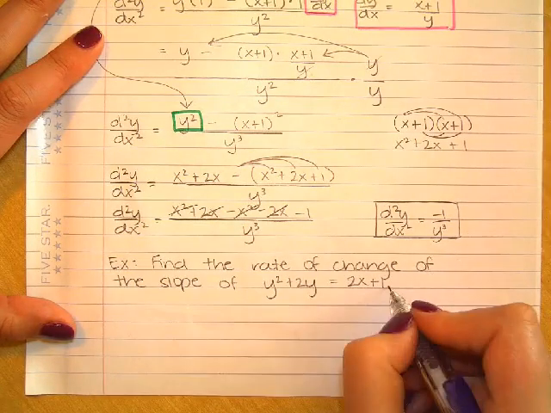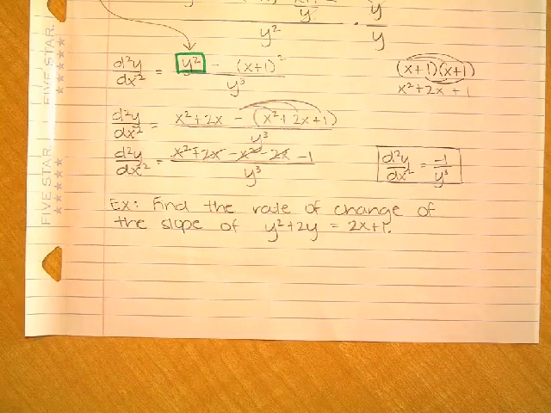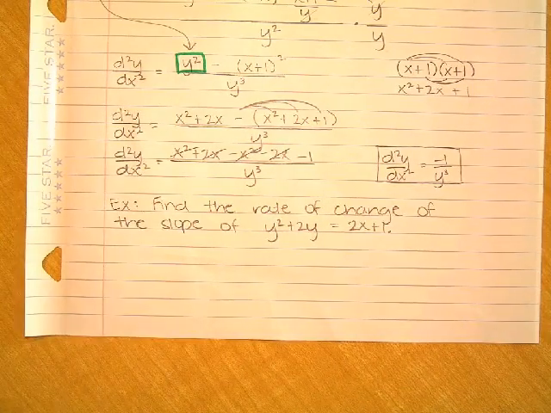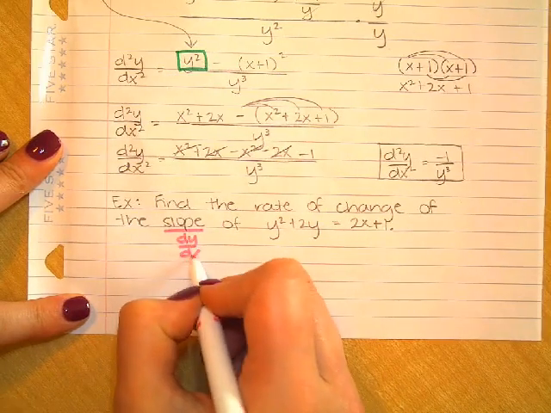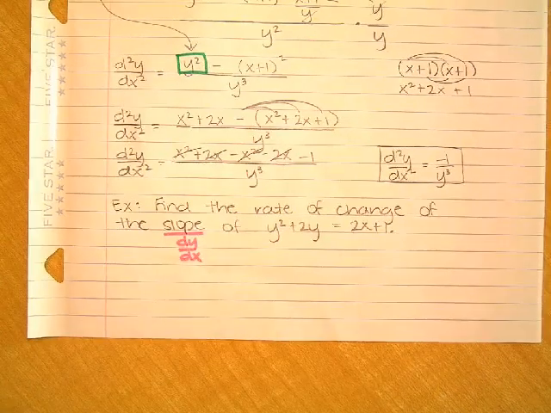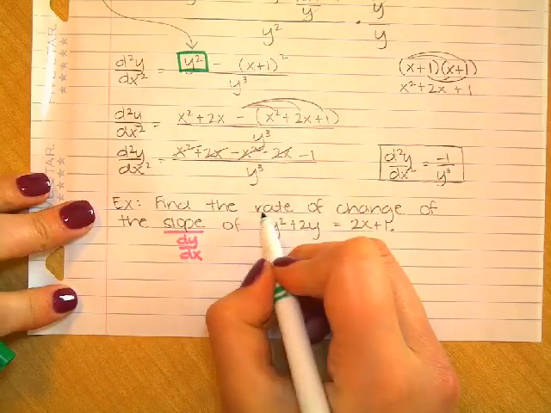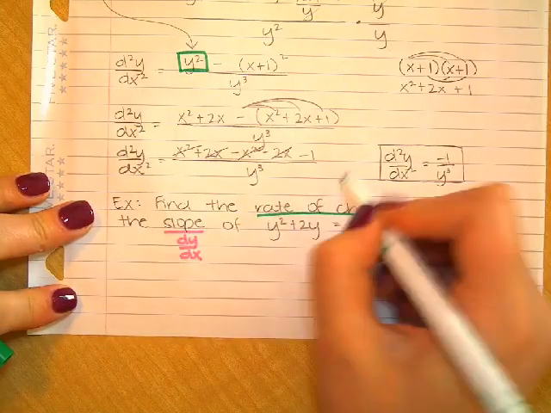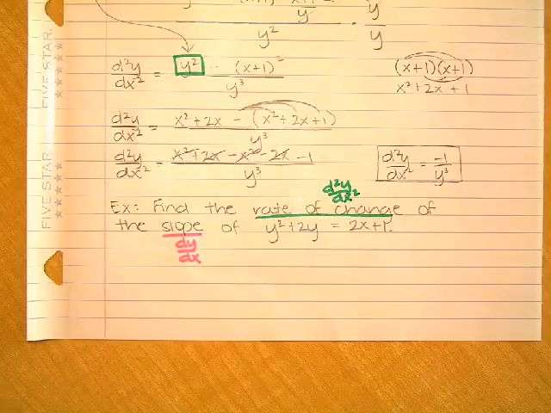And so if we're finding the rate of change of the slope, when it says the slope, they're talking about dy dx. When they're talking about the rate of change of that slope, they're talking about d2y dx squared. So they're talking about the second derivative there.